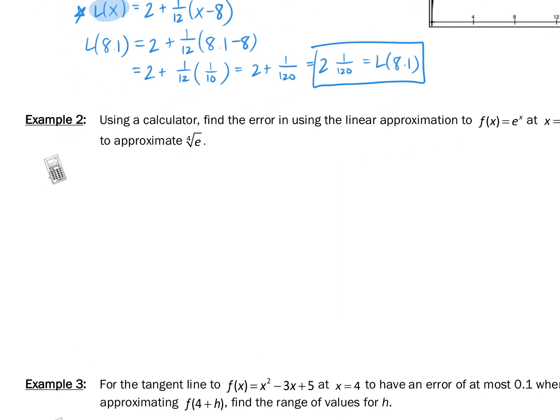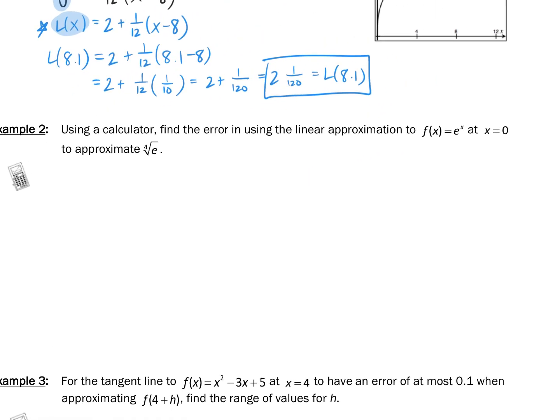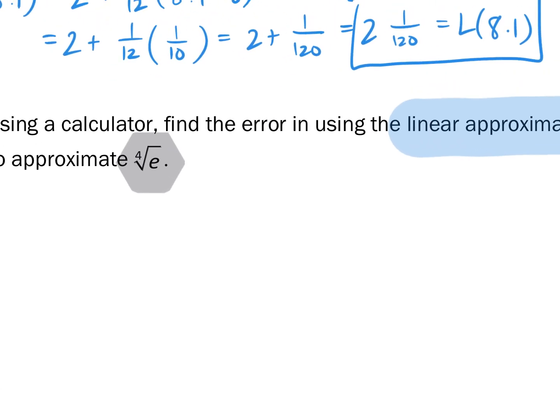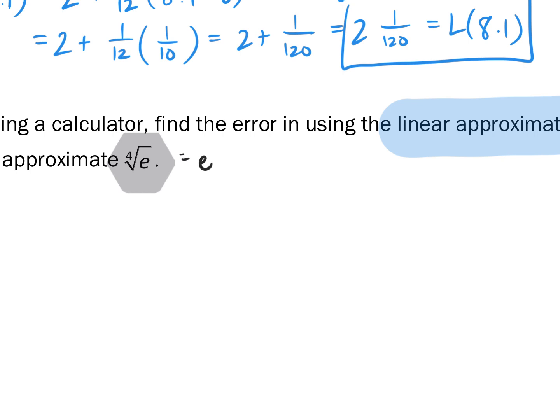So example 2 here, we are going to find the linear approximation first of this function, f of x equals e to the x at x equals 0, and we are approximating it when we've got the 4th root of e. Well, this is also the same thing as e to the 1/4 power, right?